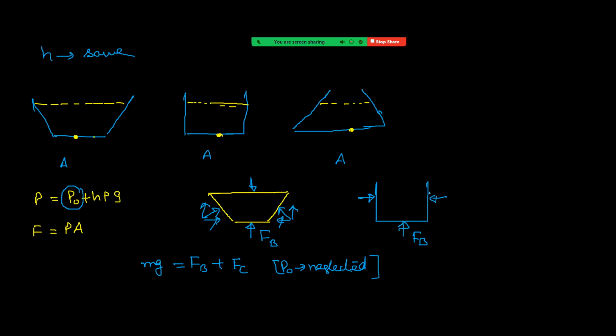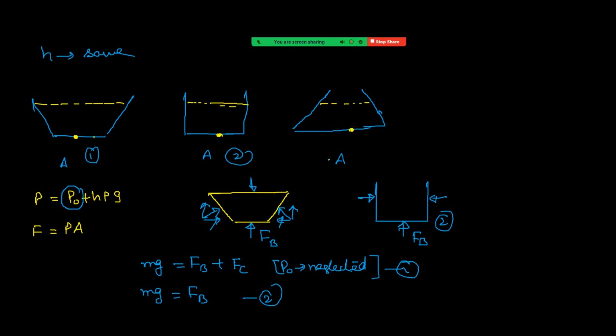You can see here the force by the vessel on the liquid is only horizontal. There is no component of force along the vertical. So this is the first case. In the second case, the weight is balanced by the force from the bottom.